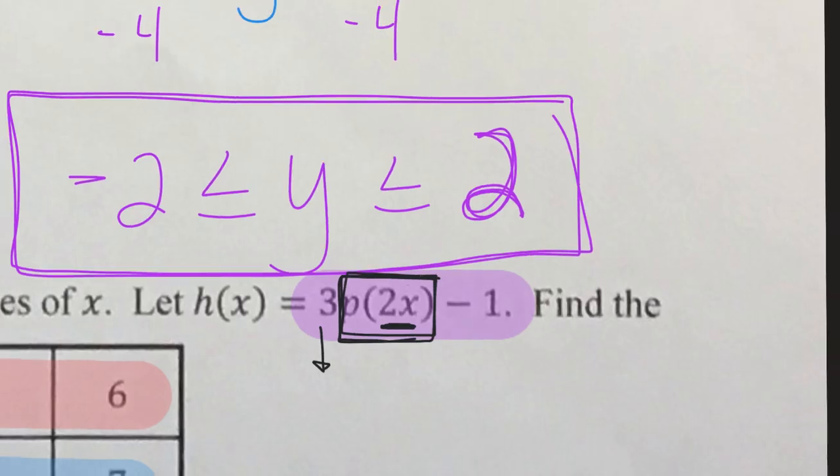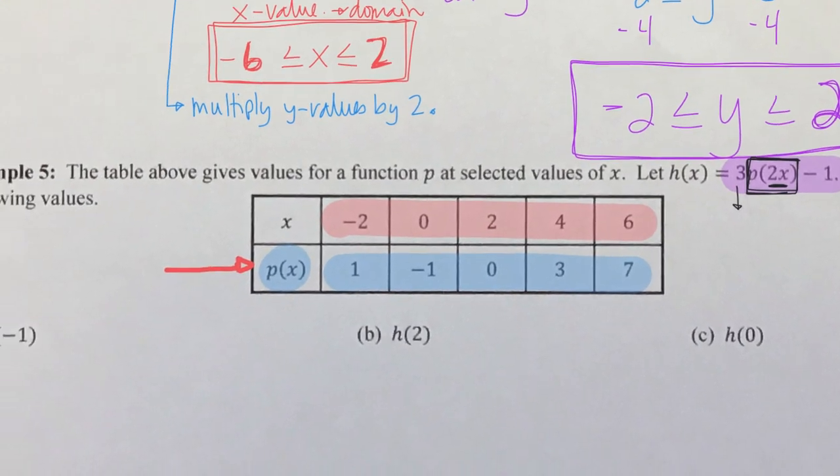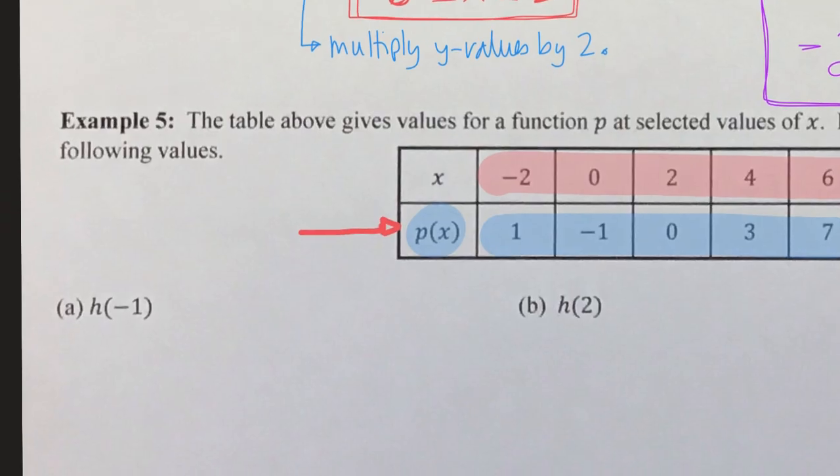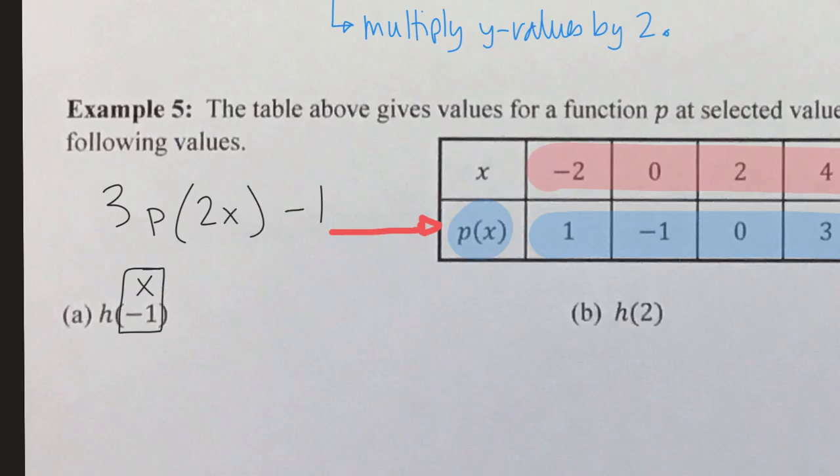So see these orders of operations. So we start with h of negative 1. So this is your x value. Remember, it's 3p of 2x minus 1. So we have an x value of negative 1.